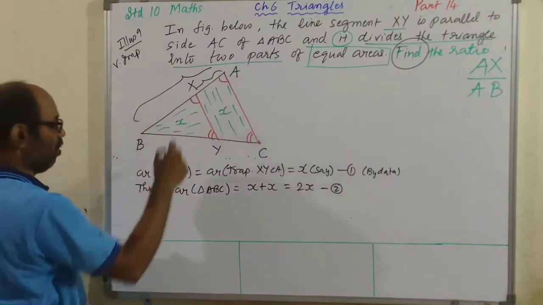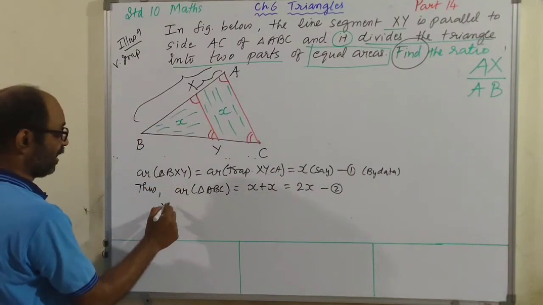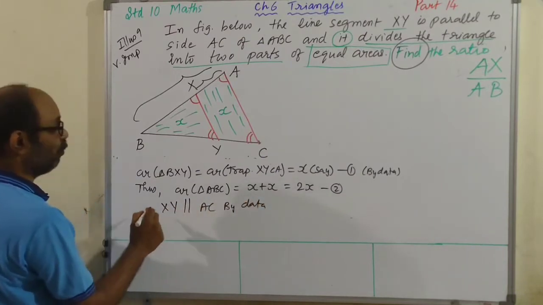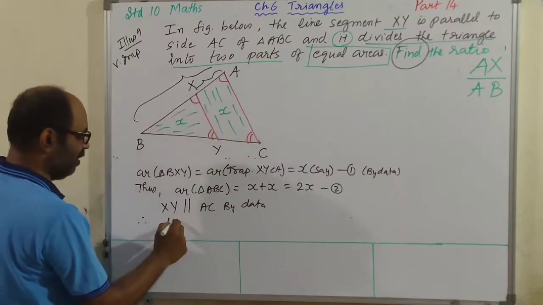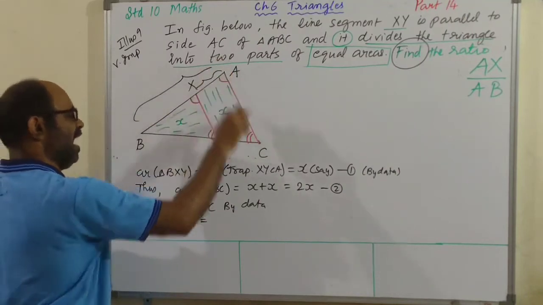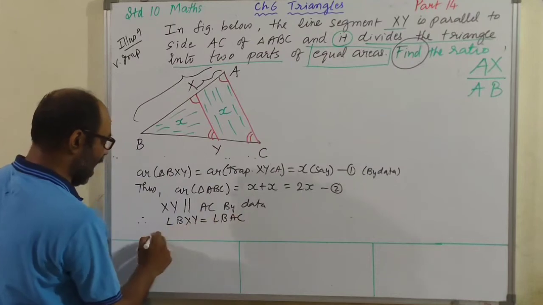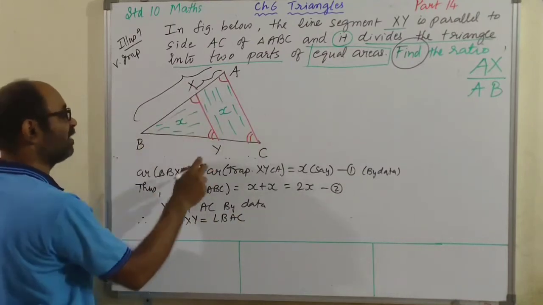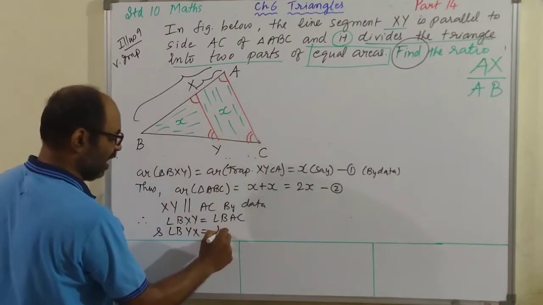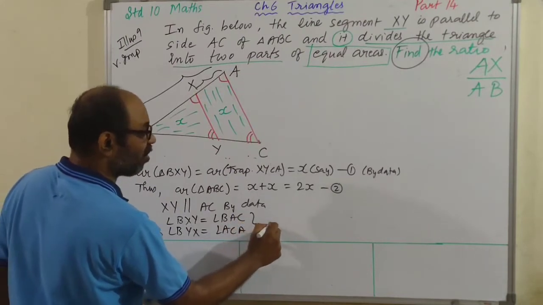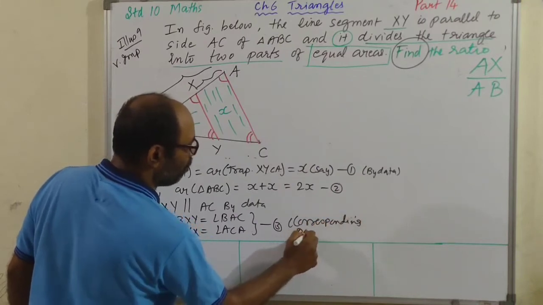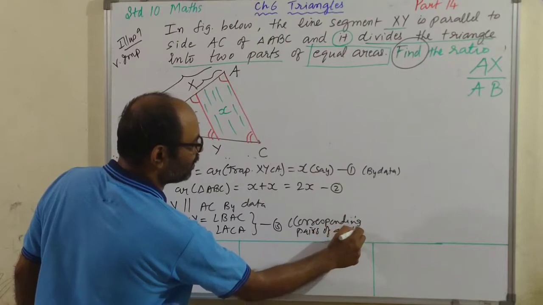Alright. Now the corresponding pairs of angles. XY is parallel to AC by data. Therefore, angle BXY is equal to angle BAC, and angle BYX is equal to angle BCA. Call it 3, corresponding pairs of angles. That is the reason.